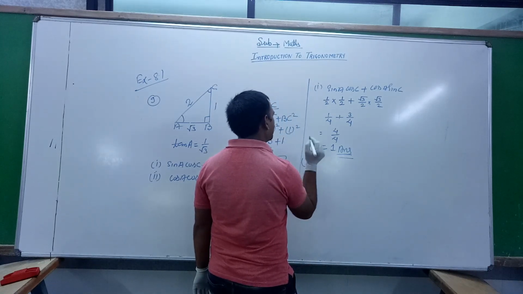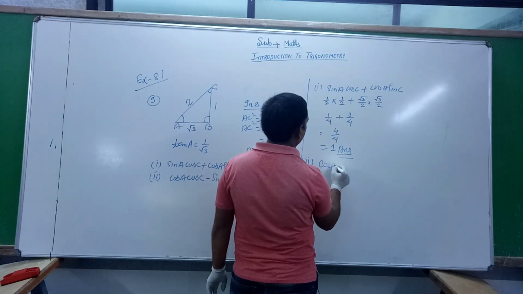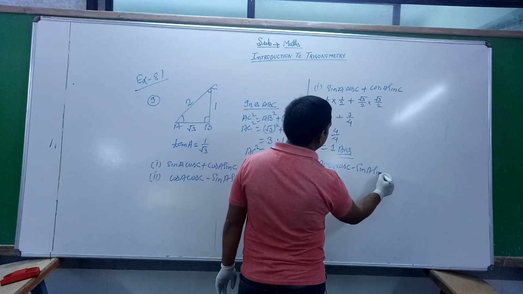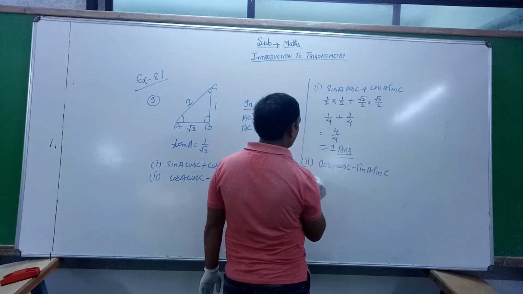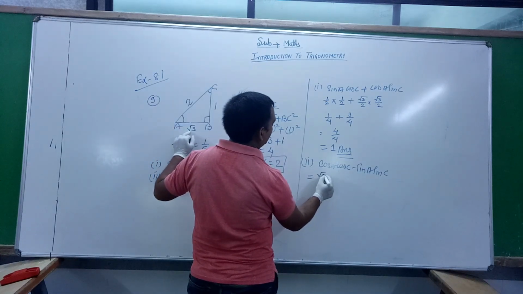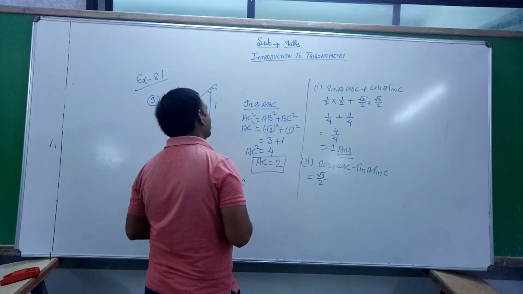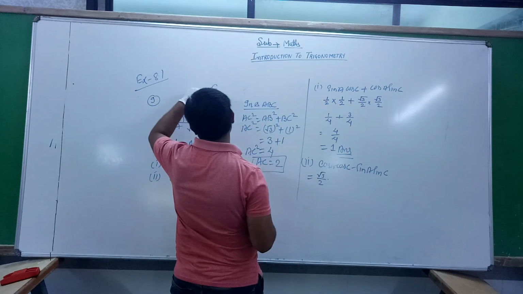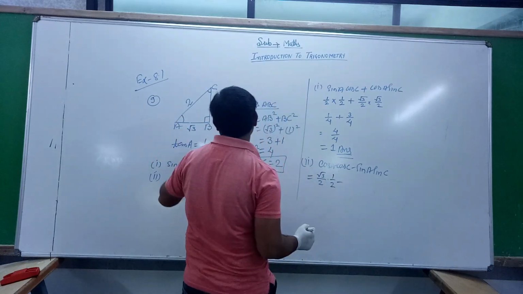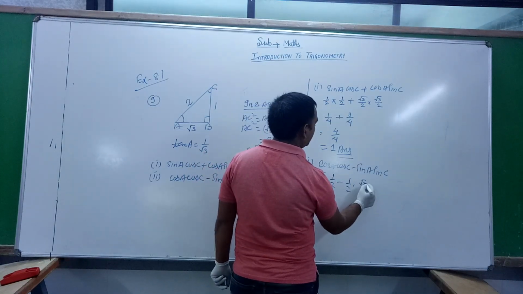In the case of the second question, it is cos A cos C minus sin A sin C. You put the value of cos A, under root 3 by 2, into cos C, that is the base, 1 by 2, minus sin A, 1 by 2, and sin C, under root 3 by 2.